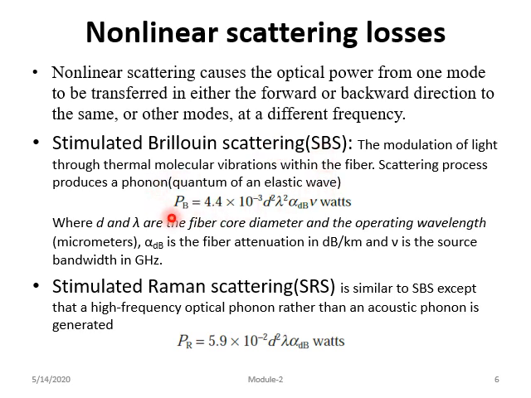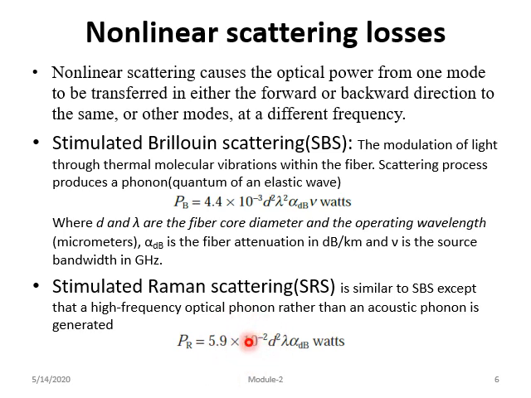With respect to that, we can calculate the scattering process by producing a phonon, PB, with respect to the Brillouin scattering. So we can take the equation corresponding to that. Coming to the SRS scattering, where we have PR, this also has experimental result conditions.